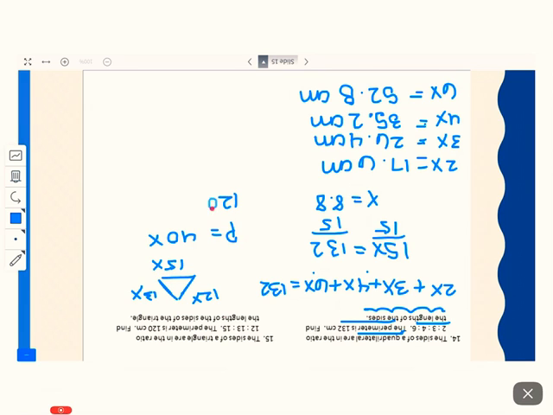Perimeter was given as 120. So 120 divided by 40 gives you 3. So that means the sides are 12 times 3, 13 times 3, and 15 times 3.